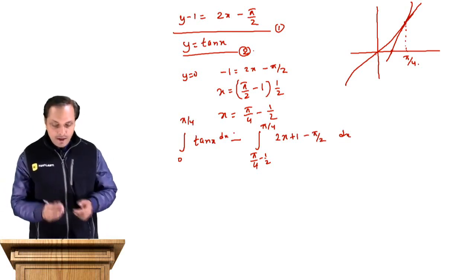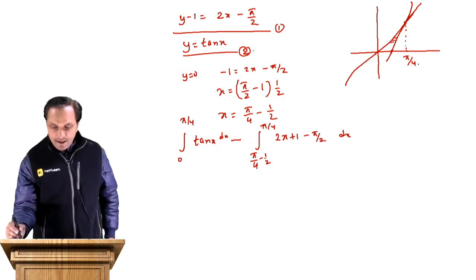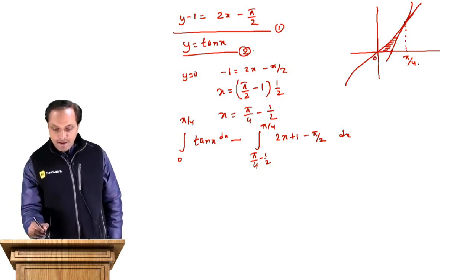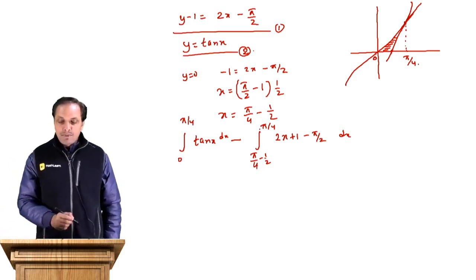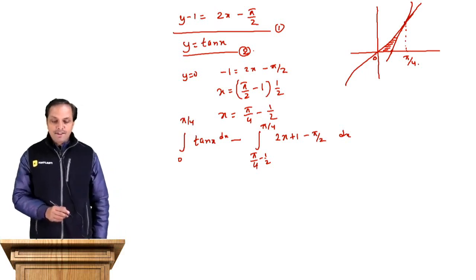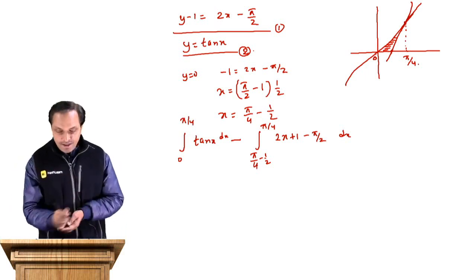Remember students, we are going to find this area: 0 to pi by 4 tan x, and pi by 4 minus half up to pi by 4, 2x shifted that side becomes plus 1 minus pi by 2.